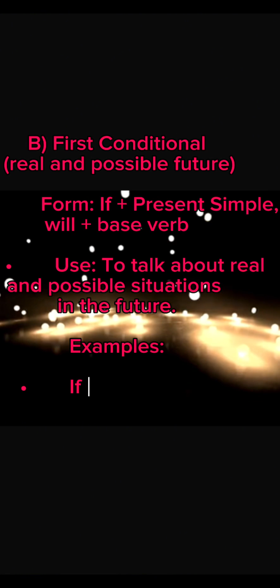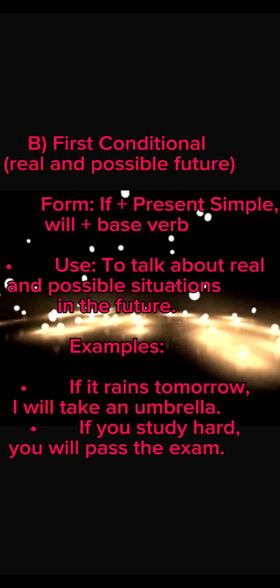The next one, first conditional. It is usually used to tell real and possible future. The form of first conditional will be if plus present simple, comma, will plus base verb. As I said, it is used to talk about real and possible situations in the future.